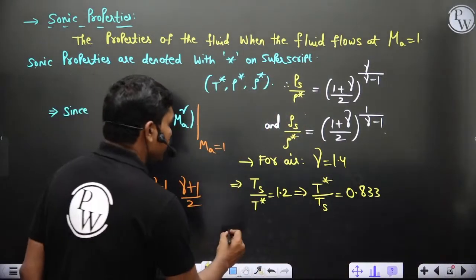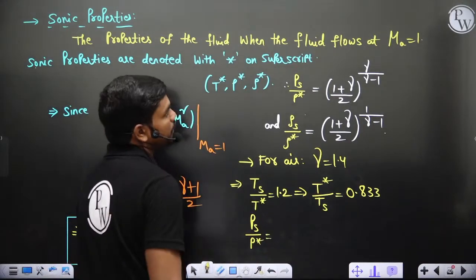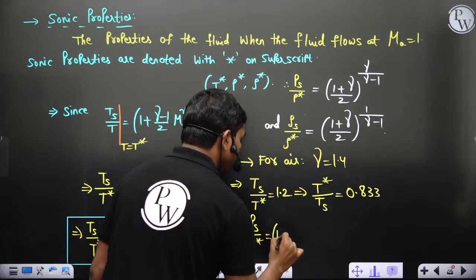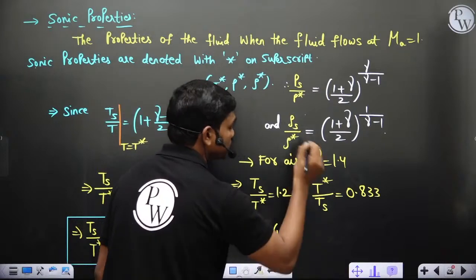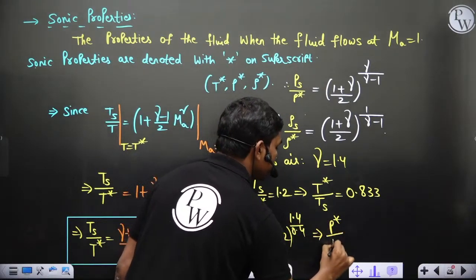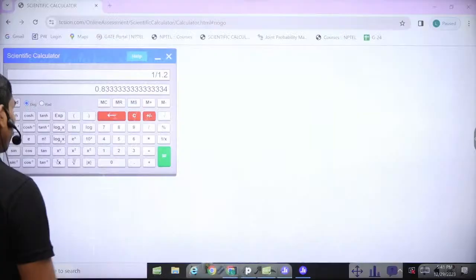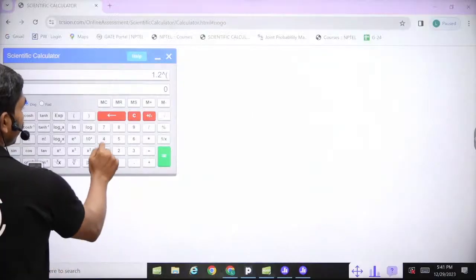And Ps by P star is 1 plus 1.4, 2.4 by 2, which is 1.2, to the power gamma by gamma minus 1, which is 1.4 by 0.4, so P star by Ps is equal to the reciprocal of 1.2 to the power 14 by 4.